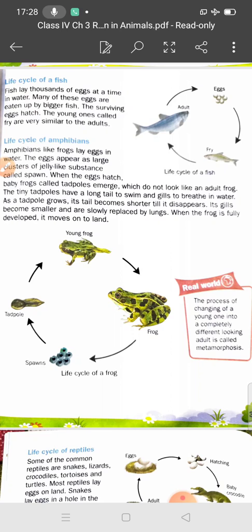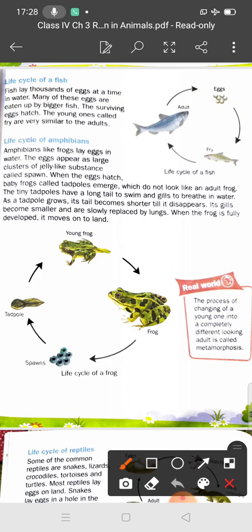If we talk about amphibians, the frog lays eggs in the water. You can see, and you know, the frog eggs appear as a large cluster of jelly-like substance called spawn. You can see this diagram of our life cycle.